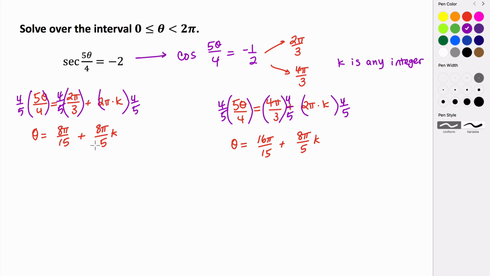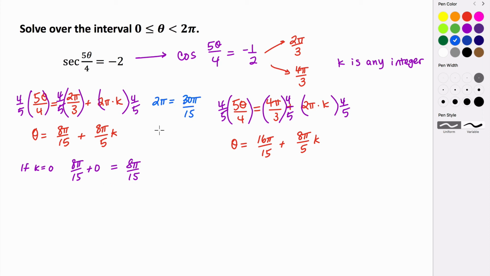If k equals 0, that gets plugged in here and we get 8 pi over 15 plus 0, so 8 pi over 15. This is less than 2 pi, because 2 pi is equal to 30 pi over 15.